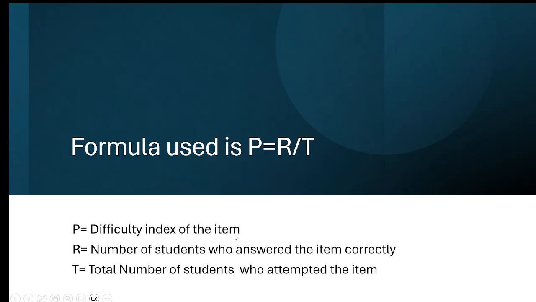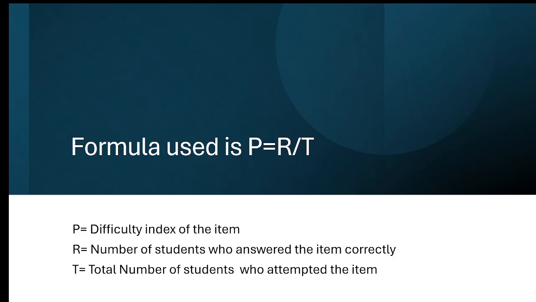As you know, a teacher prepares a unit test or any question paper and it will be administered to the students. And after administering, he is going to value the answer scripts of each and every student and collect the data, where he is going to tabulate the number of students who have attempted each and every item.